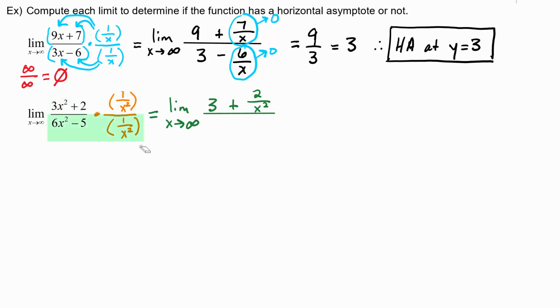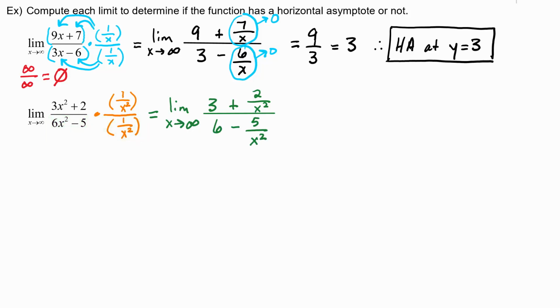When we distribute in the denominator, 1 over x squared times 6x squared is 6 minus 1 over x squared times 5 is 5 over x squared.